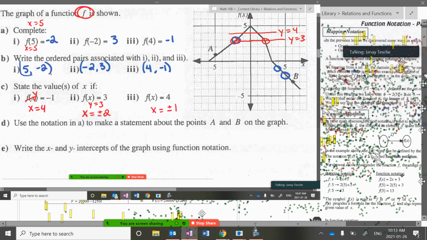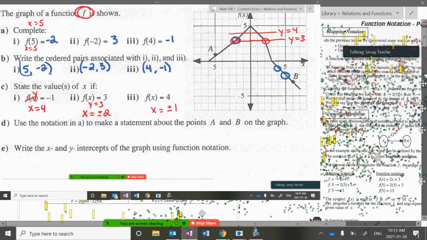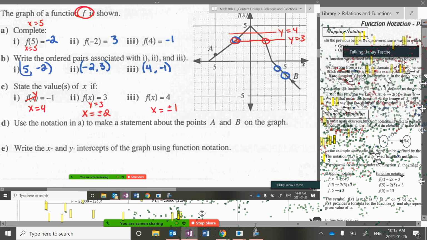Okay, so D, use function notation to make a statement about points A and B on the graph. So point A is over here. The coordinates of point A would be at -5 and +1, correct? So using function notation for A, we put our x value in our bracket.